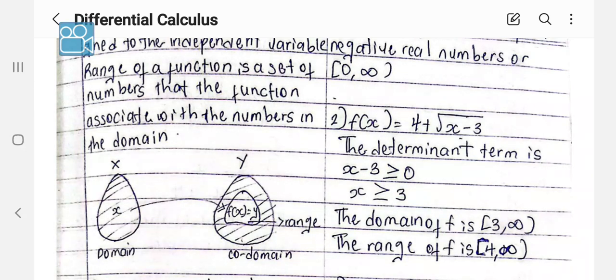The range is the response that you get from each value in the domain. Let me say that again. Your response, the output that you are getting once you fix in a value for x, that's the range.